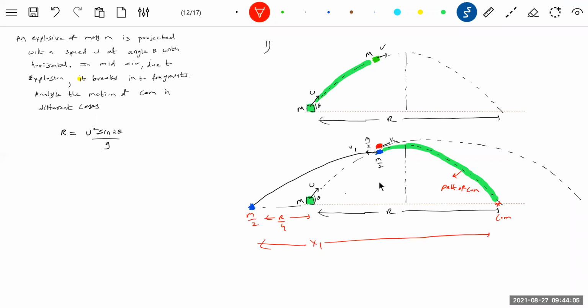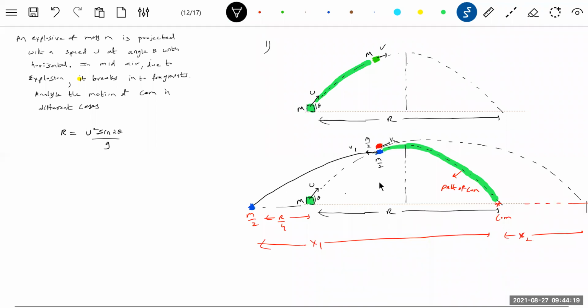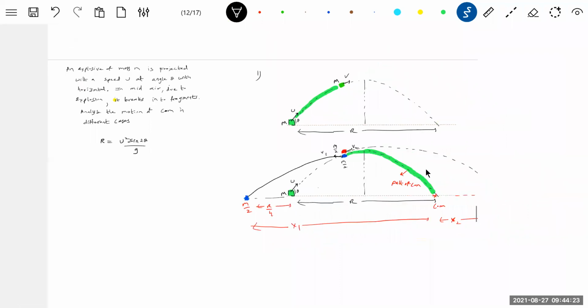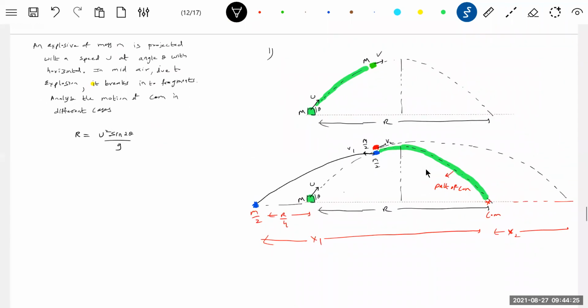The other fragment should be at a distance x2. The diagram may not be to scale. So m1 x1 equal to m2 x2, and both are of equal mass. The other fragment will land here.